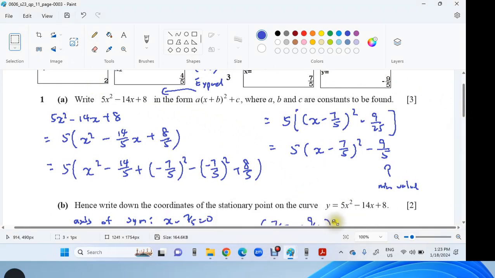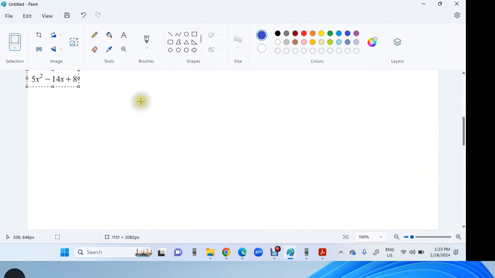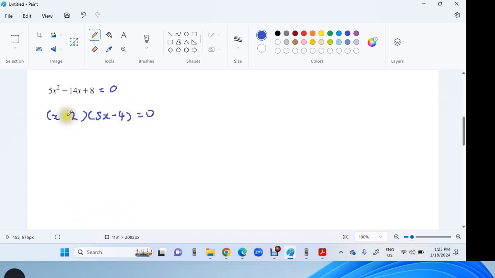Okay, so what we can do here is the factorization. If we set it equal to 0, then we factorize: (x − 2)(5x − 4) = 0.